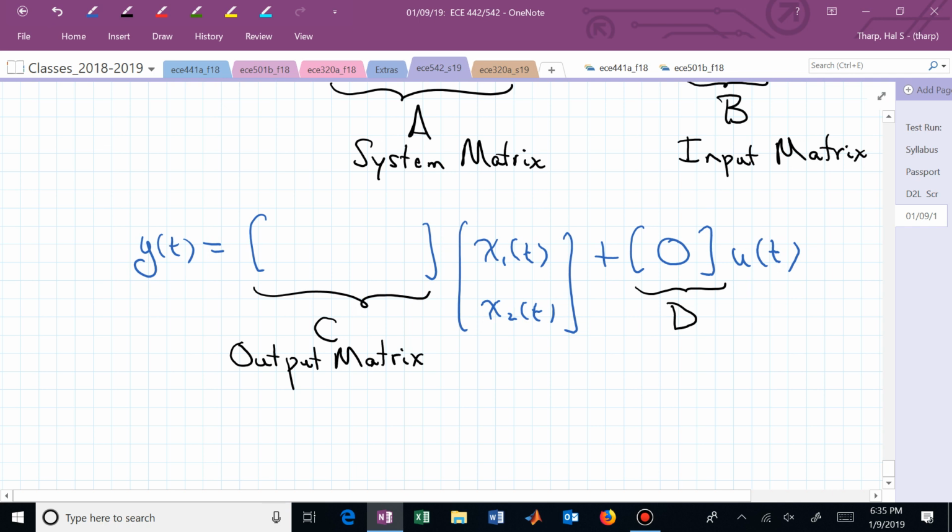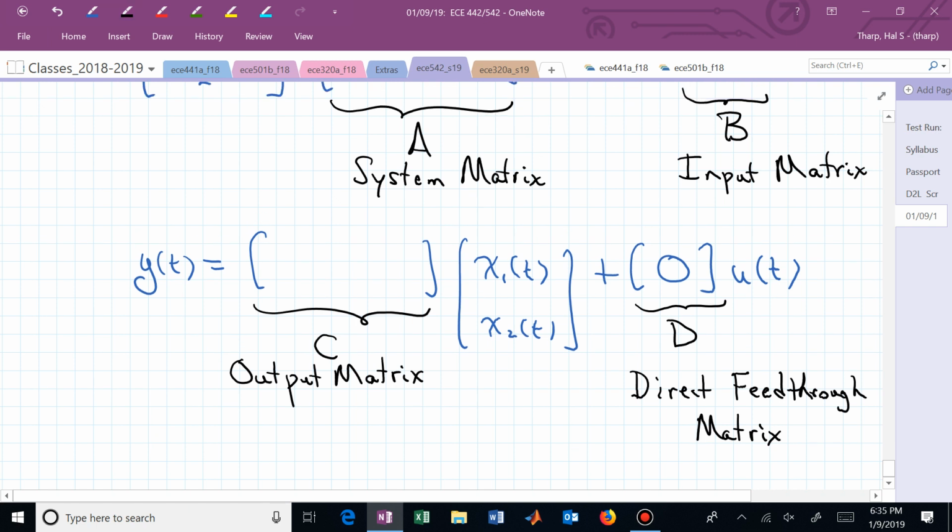Oh, and D, our direct feed-through term. But here we have a 0 for the direct feed-through matrix. What's the output matrix? What are the dimensions on that output matrix? How many outputs do we have, or did we identify in this system? Just one.